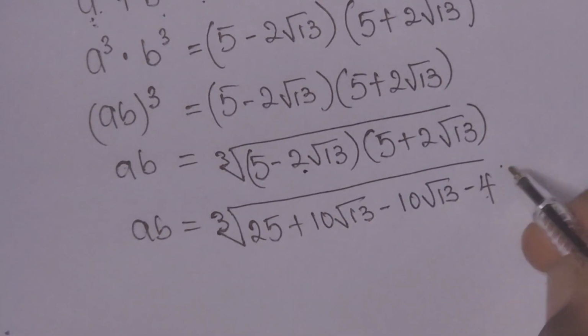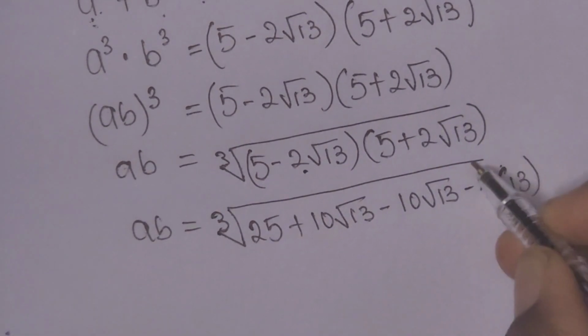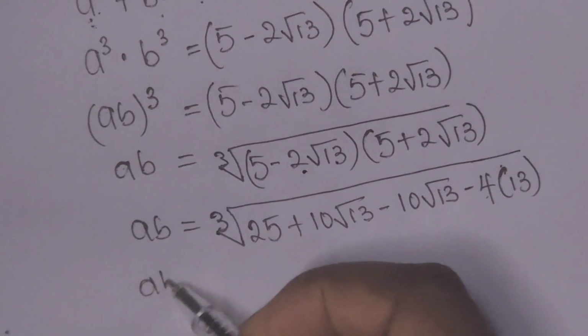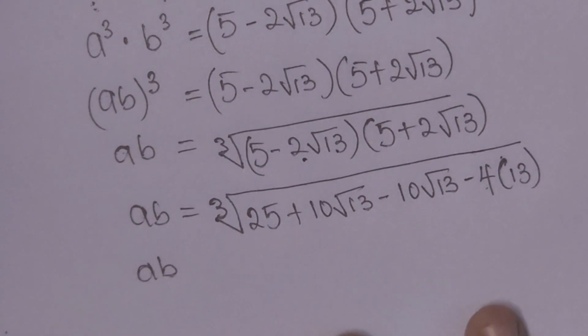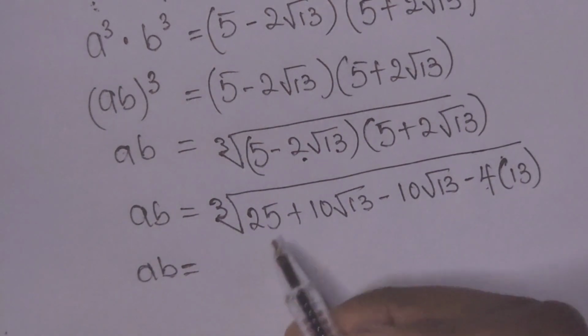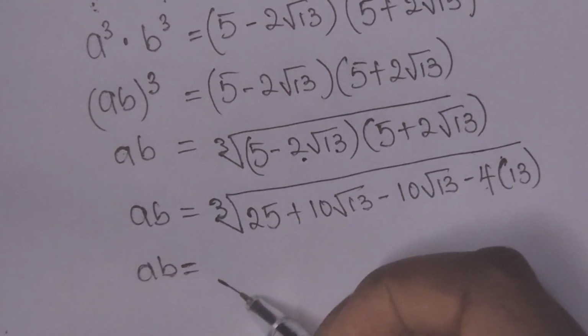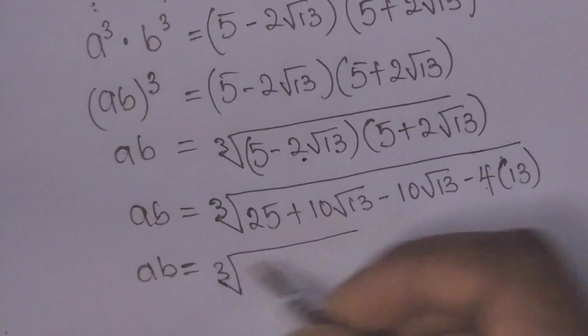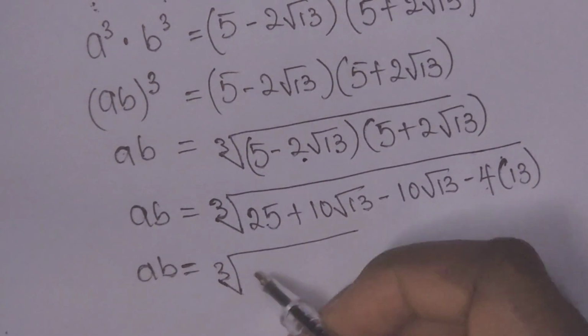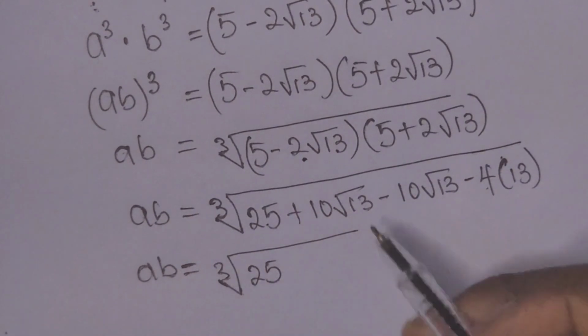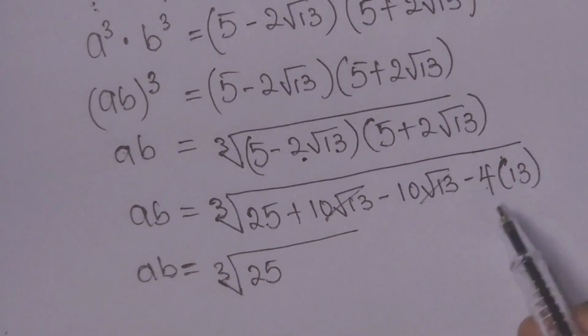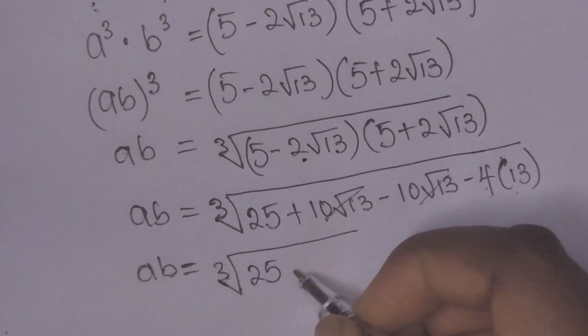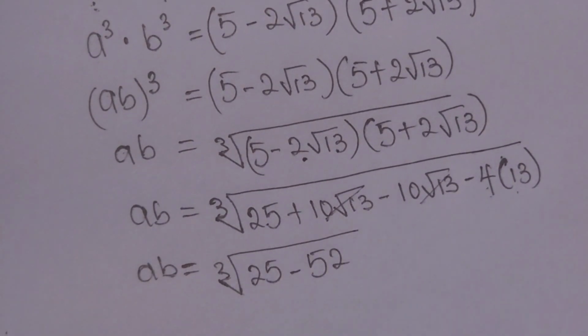Root 13 times root 13, we have 13. So AB will be equal to the cube root of, we have 25. This will cancel out this. 4 times 13, we have minus 52.